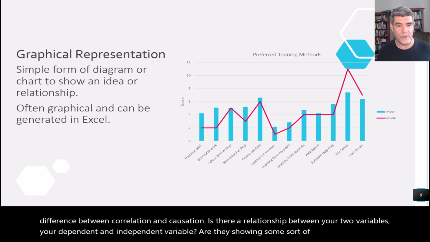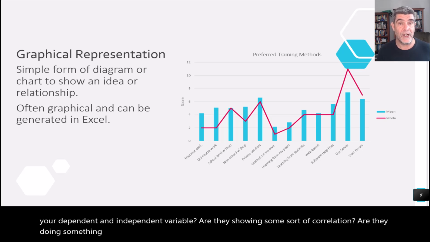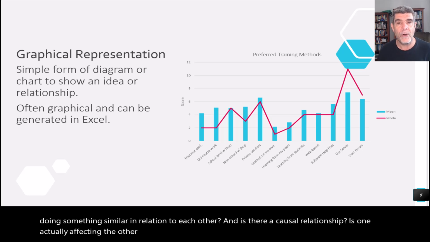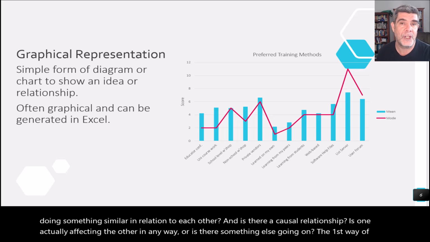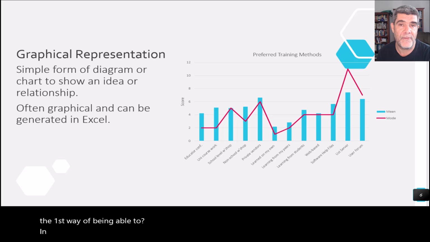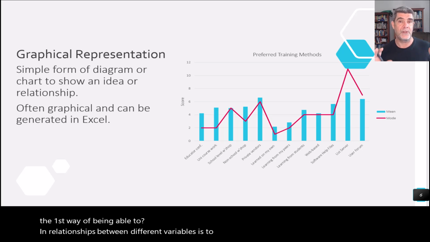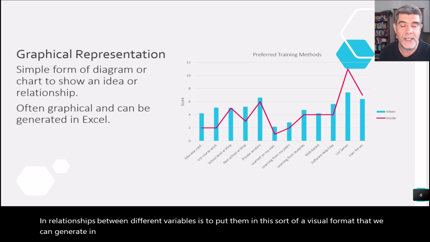Are they doing something similar in relation to each other? And is there a causal relationship? Is one actually affecting the other in any way, or is there something else going on? The first way of being able to determine relationships between different variables is to put them in this sort of a visual format that we can generate in something like Excel and then be able to look at some of the patterns that we're seeing.